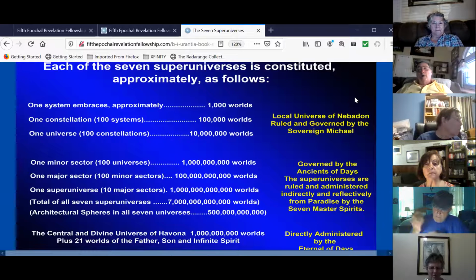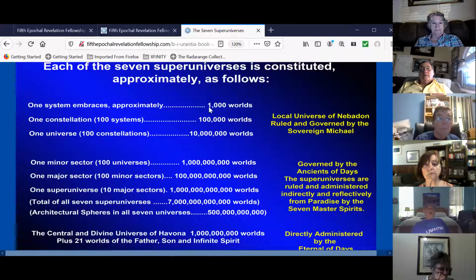So here we go. This breaks down everything. One system, all right, this is the local universe of Nebadon ruled by Michael. It embraces approximately 1,000 worlds for the system, 100,000 worlds for the constellation, and 10 million worlds for the 100 constellations.